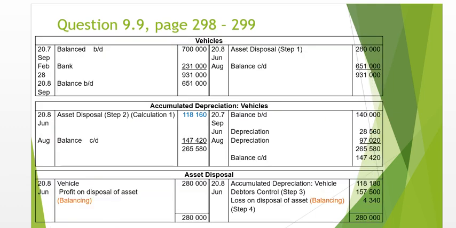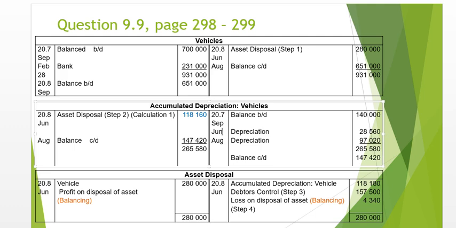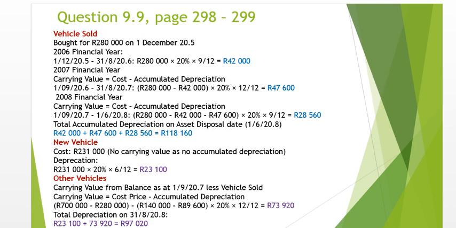So to record that depreciation on the 1st of June 2008, we're going to credit our accumulated depreciation on vehicles account 28,560.